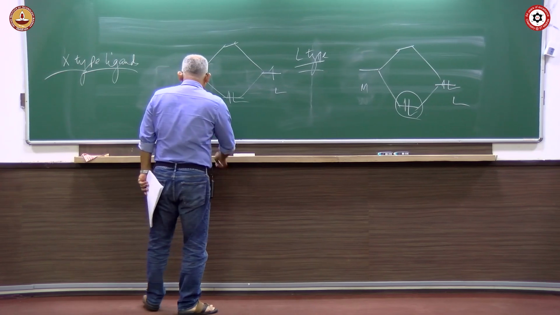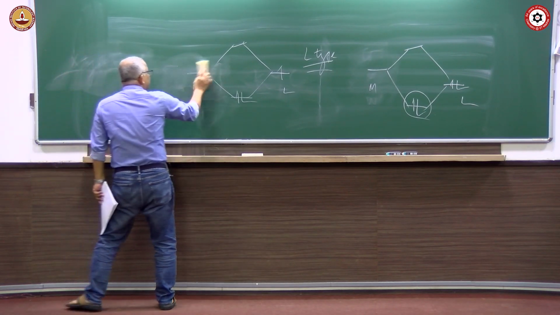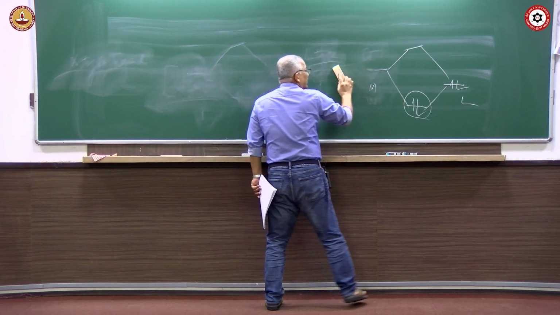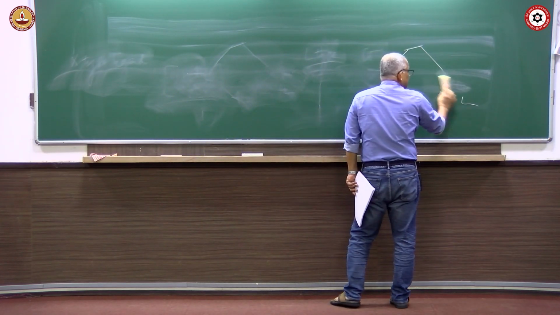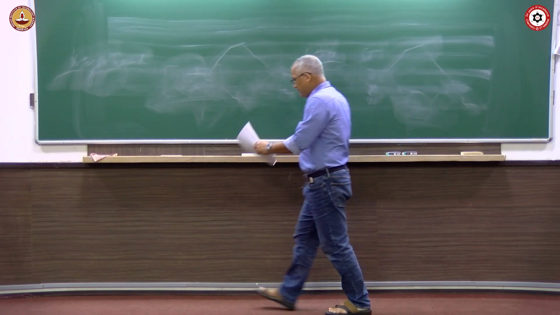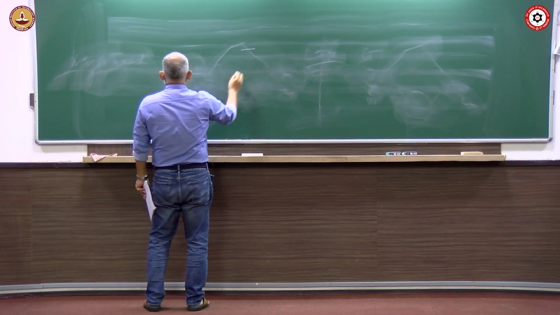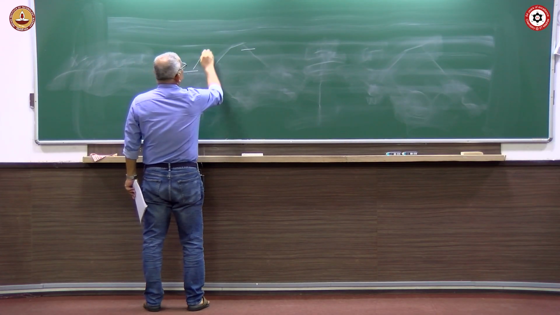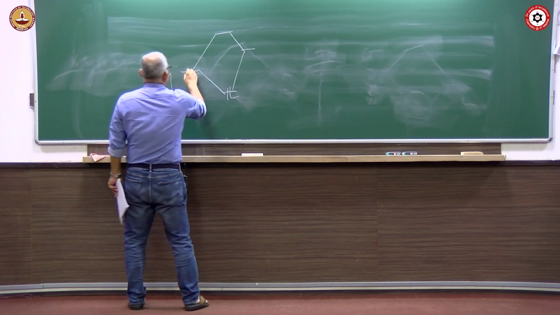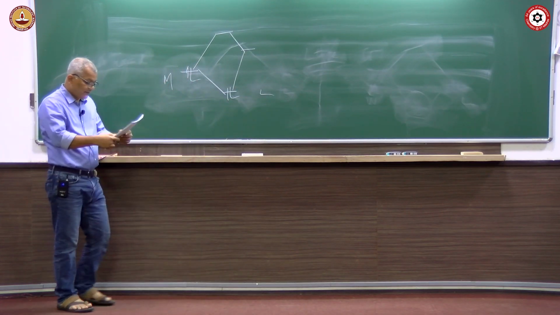And the last one is your Z type ligand, in which the metal gives 2 electrons and the ligand does not.